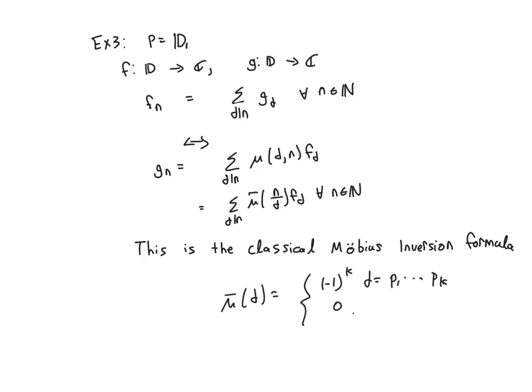And so this is the classical Mobius inversion formula, where the Mobius inversion gets its name. It pops up when you're studying counting problems involving divisibility. And I'll give two examples of applications of this Mobius inversion formula. One involving an example we already studied using principle of inclusion-exclusion, and one new example.